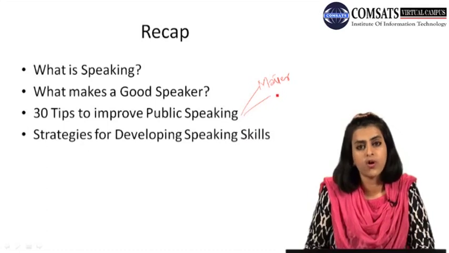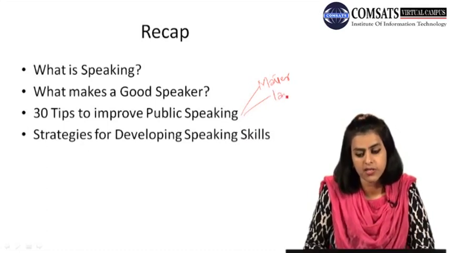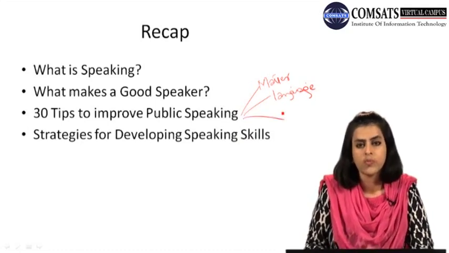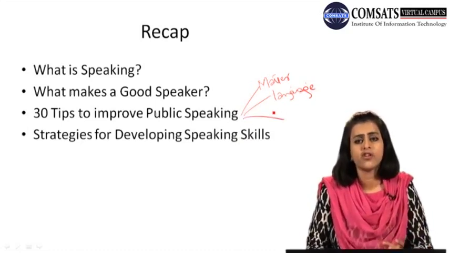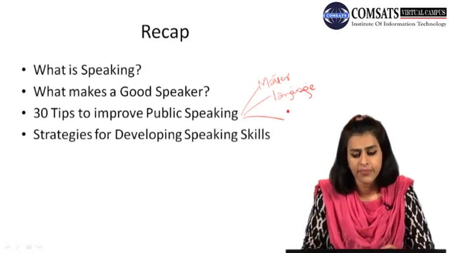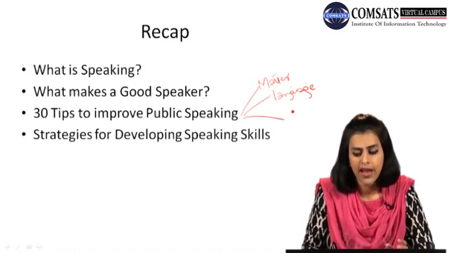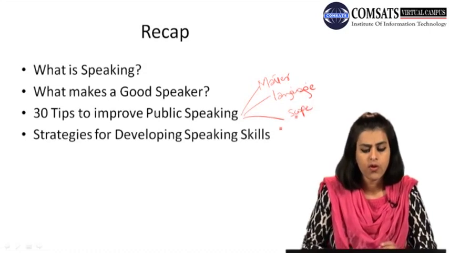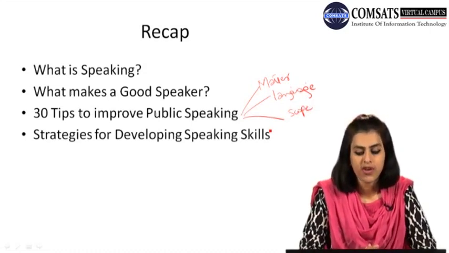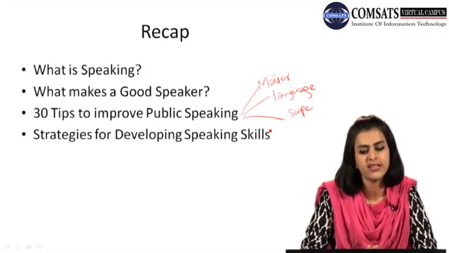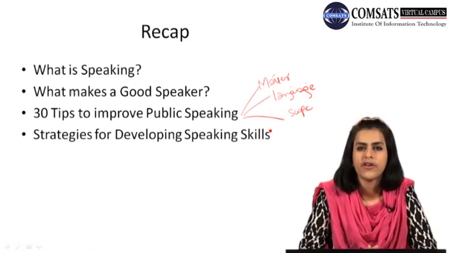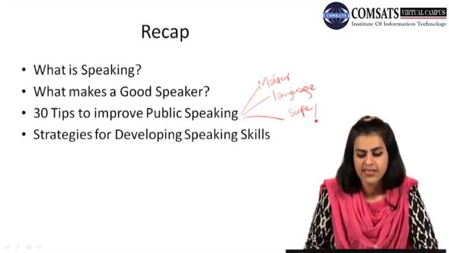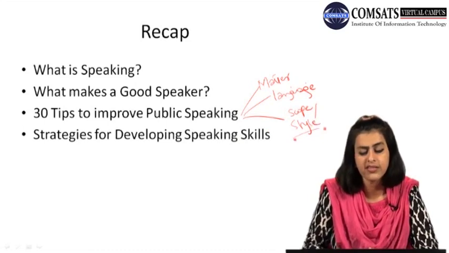Then we also worked on the language of your speech and how you are going to work on the language. The third thing we talked about was the scope of the language that you are going to concentrate on. Then we also discussed some strategies for developing your speaking skills, and this is what we did in our previous class. The scope and style of the language we also discussed.